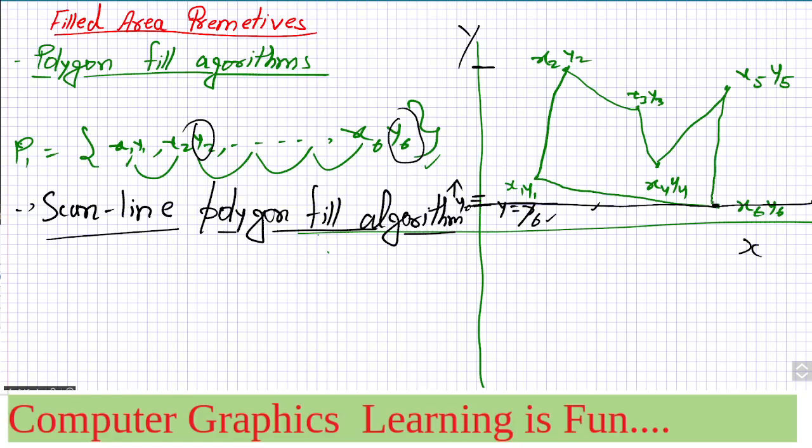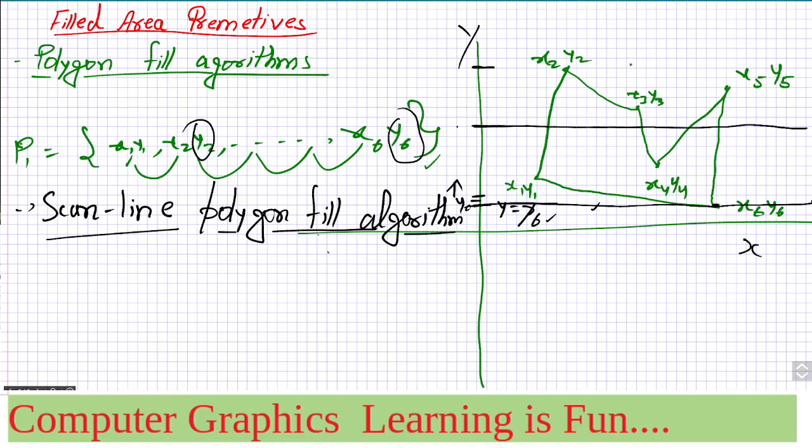Let me come from here and then we will start again from the bottom. Suppose this is your y is equal to something, a line, right? So this is your scan line. On this scan line you will try to find out which lines it intersects and the intersection places.